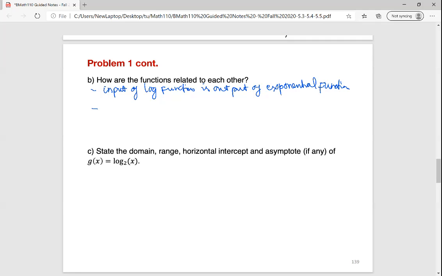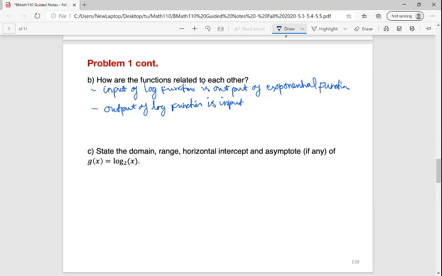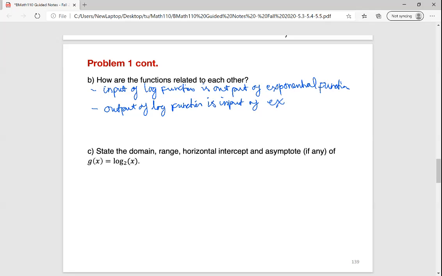In other words, the output of the log function is the input of the exponential function.